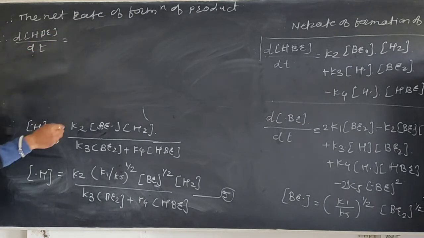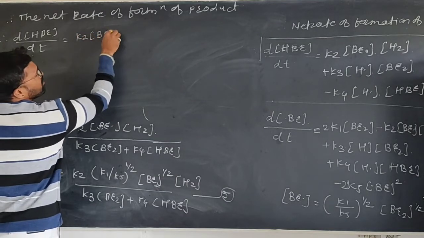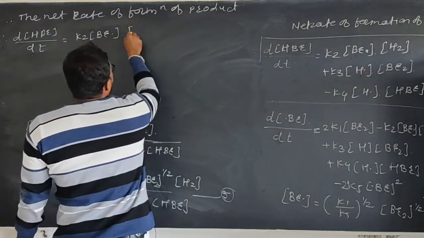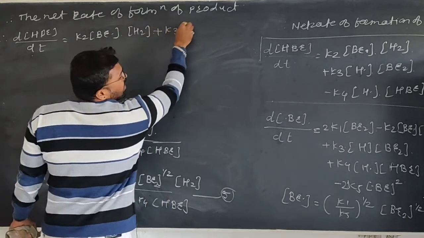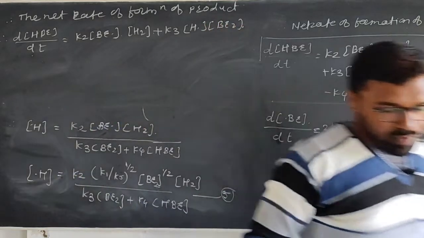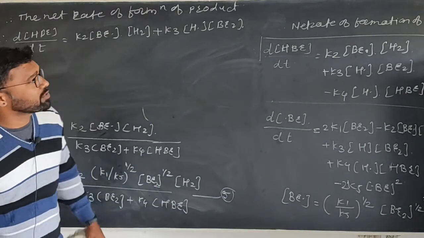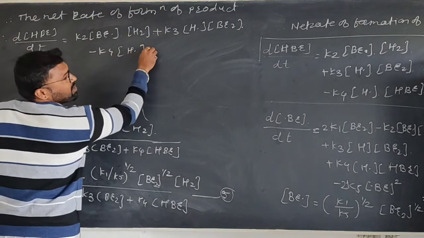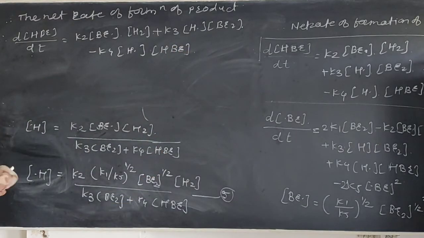I write the expression as it is: K2 into Br free radical into H2, plus K3 into hydrogen free radical into Br2, minus K4 into hydrogen free radical into HBr. This is expression number 1.